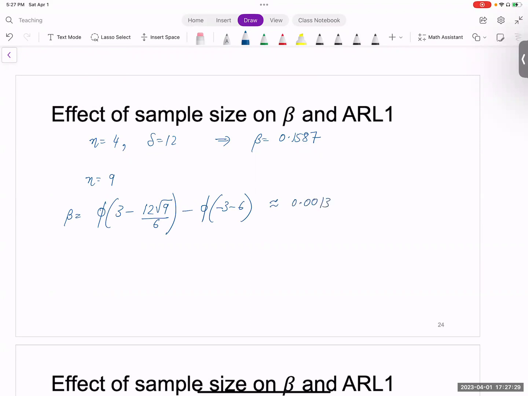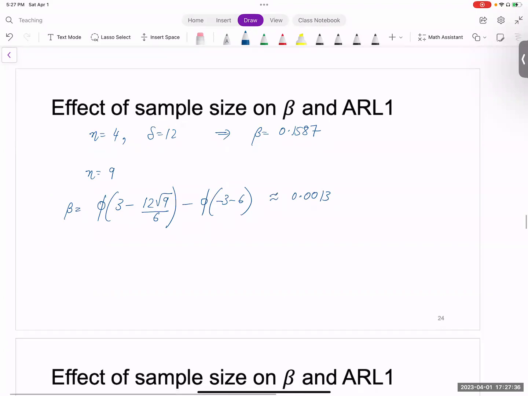So you see now, by changing from n equals 4 to n equals 9, there's a dramatic reduction in type 2 error. In fact, you will also see that ARL1 has reduced. This is equal to 1 over 1 minus 0.0013, which is roughly 1.001.